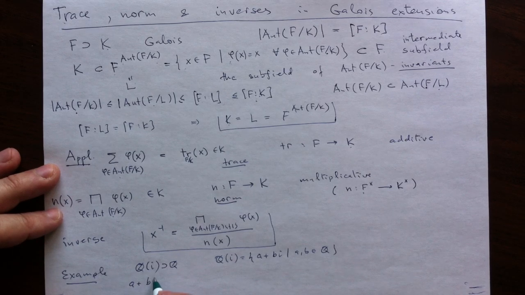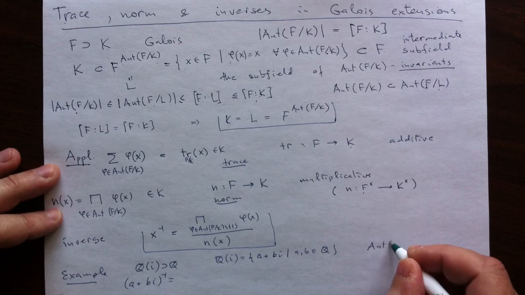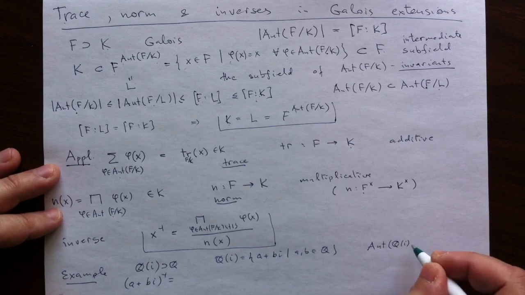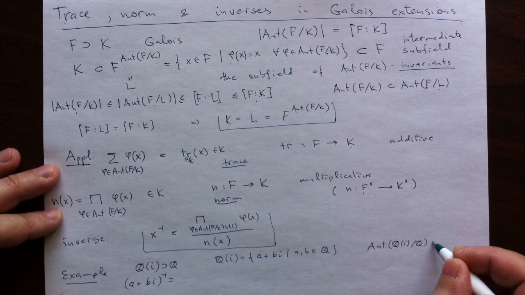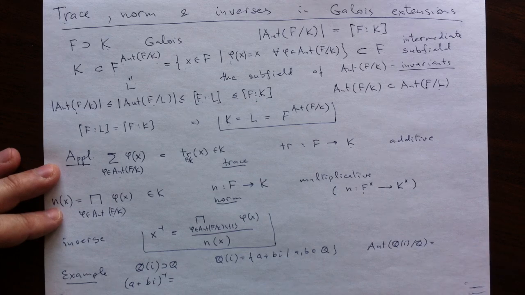So let's just write the well-known formula for inverting following this procedure. The automorphism group of this extension is of course a cyclic group, generated by complex conjugation, by the automorphism which changes i into minus i.